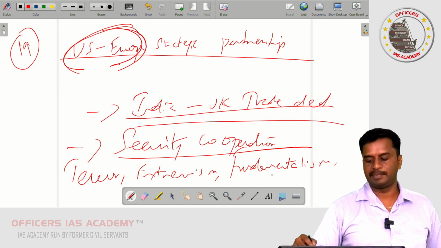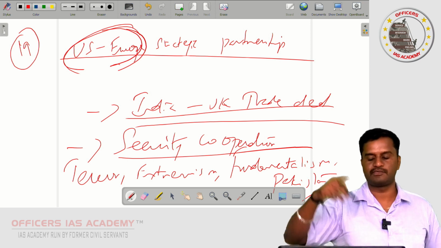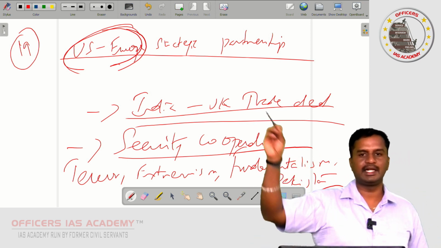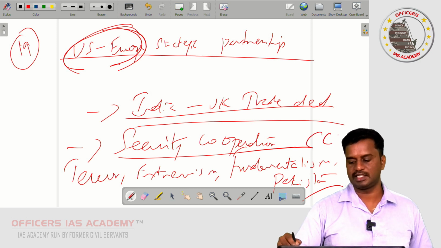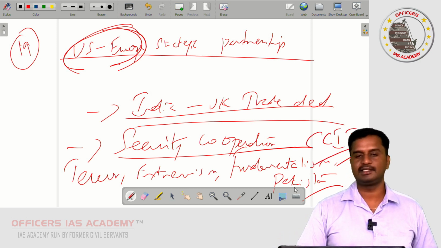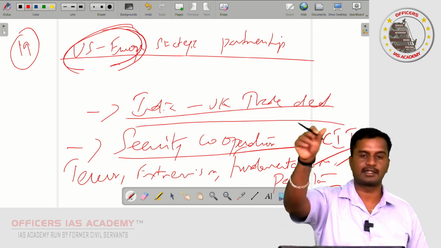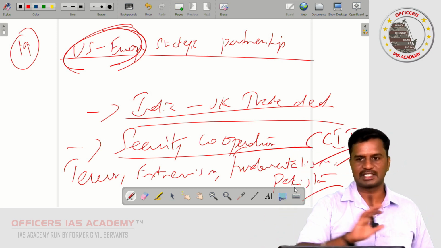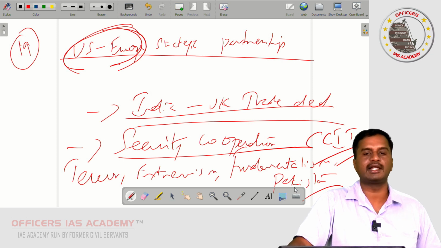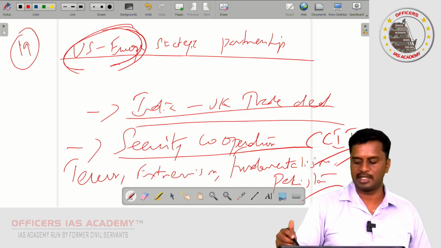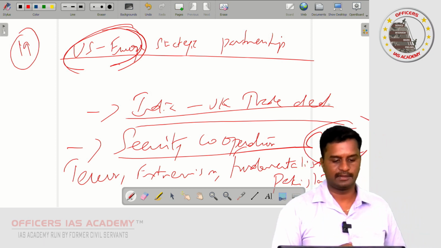We should also keep a check on our neighbor Pakistan, who is a sponsor of terror. Write these points. Along with it, bring in current affairs. Mention about CCIT. It is a proposed international organization which will specifically work to combat terror. This organization is not established yet. In future, India can take the support of US and Europe to establish CCIT.